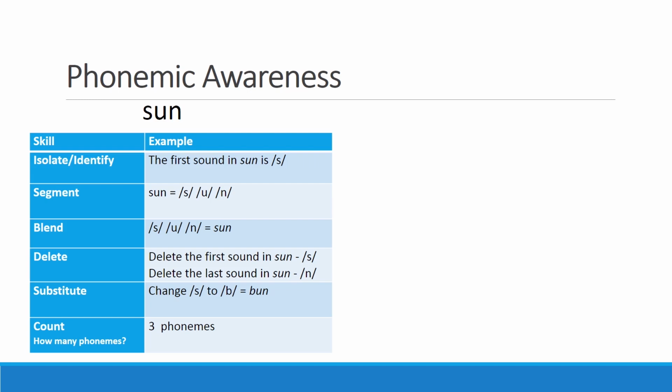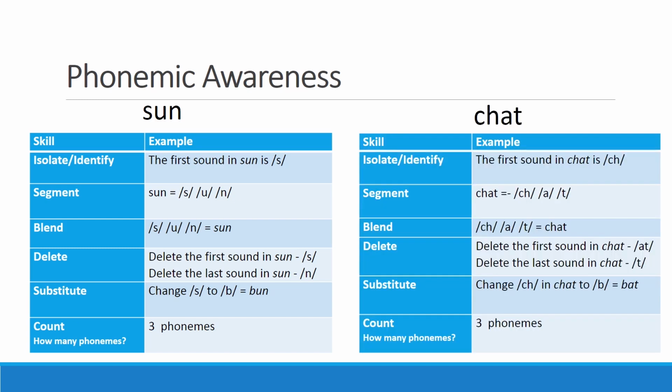As a consequence of this relationship, phonemic awareness in kindergarten is a strong predictor of later reading success. This first chart shows different skills that can be done with the word sun. Here's another example using the word chat.